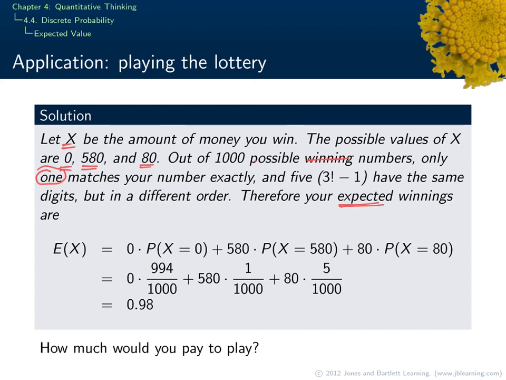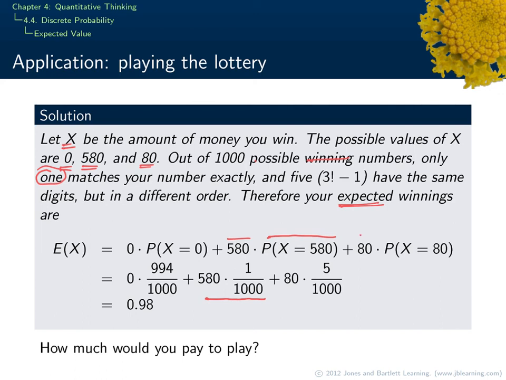So let's start with the 580 times the probability that you win 580. So the probability that you win 580, that's the probability that the number selected is your number. And that's 1 in 1,000. So we take 580 times 1 over 1,000 to get that middle term.